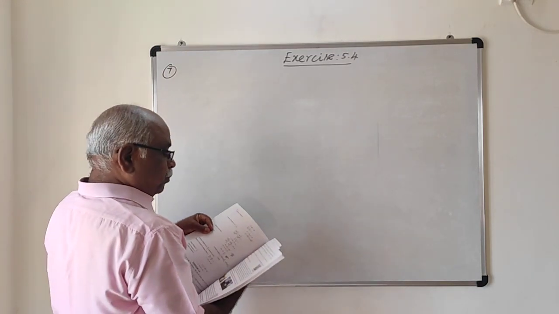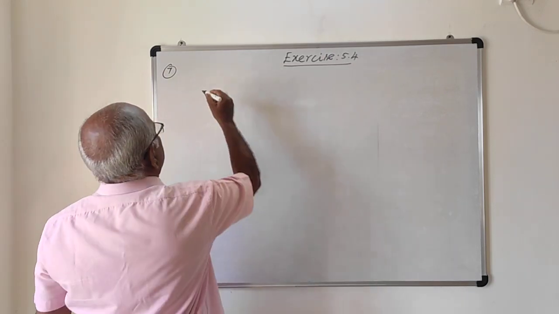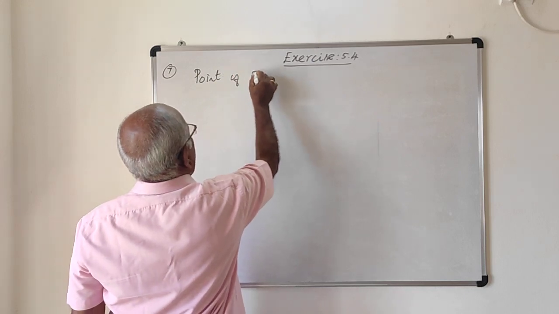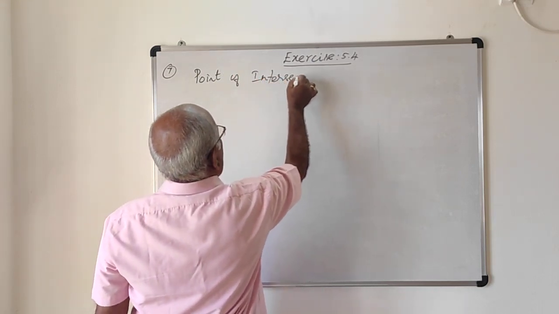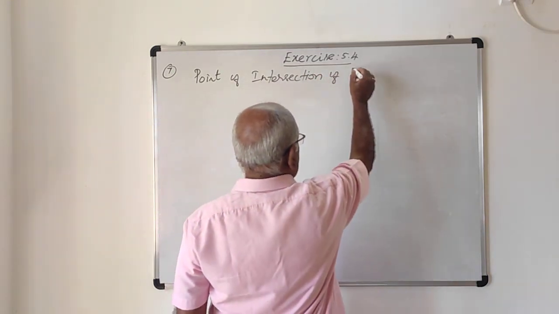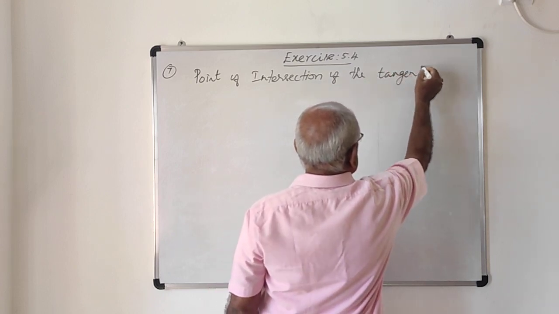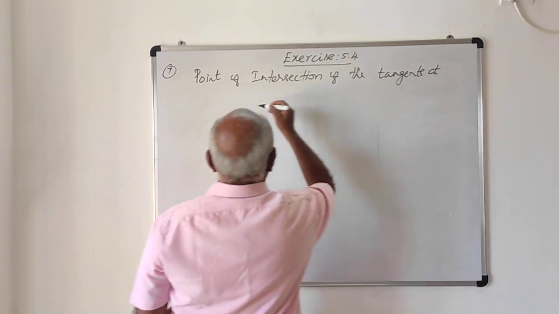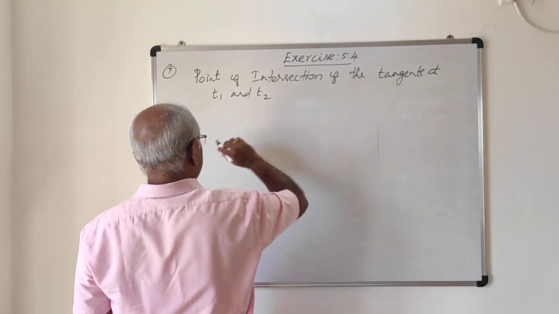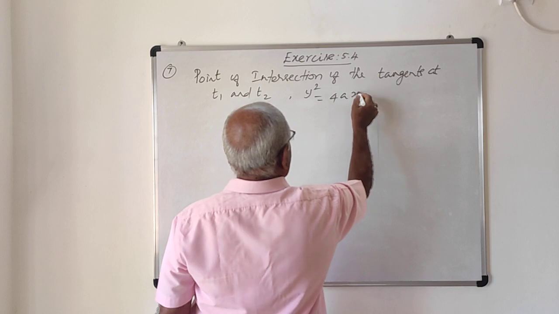Find the point of intersection of the tangents at t1 and t2 to the parabola y square equal to 4ax.